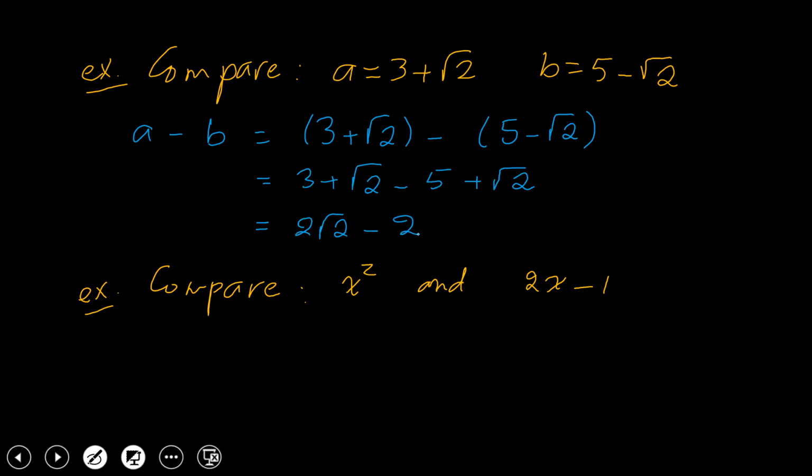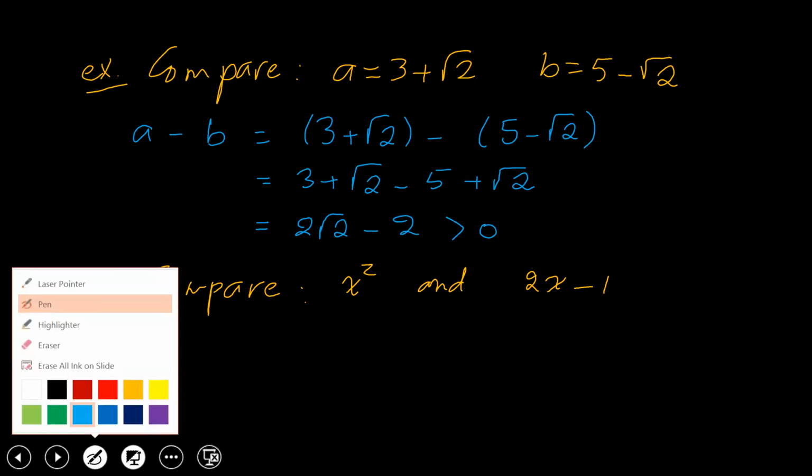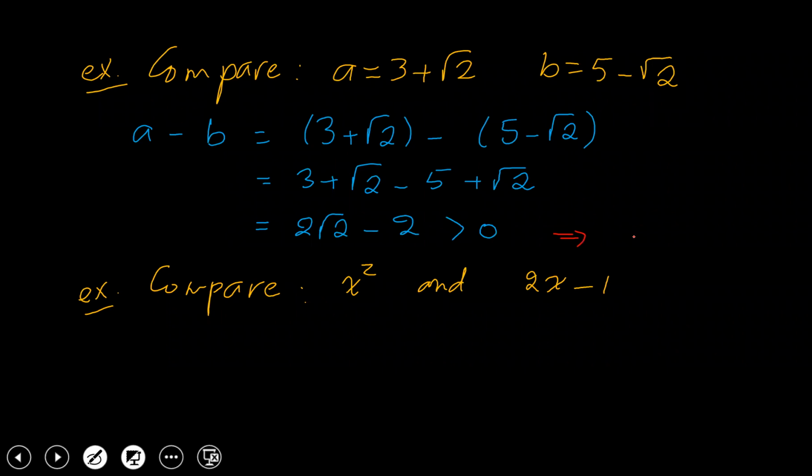What do you think about the answer? Is it positive or negative? Which is greater, 2 radical 2 or 2? 2 radical 2 is greater. Of course 2 radical 2 is greater than 2, so the answer is positive. If the answer is positive, this means that the first number was the stronger, that A is greater than B.